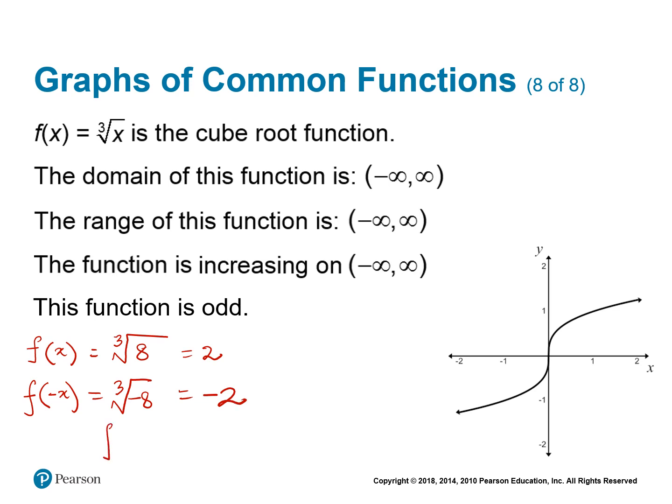So when we replace x by negative x, it gives us negative f of x. That's what makes an odd function. When you replace the x value by its negative version, you will get the negative of the y value that you got from f of x. So what was positive 2 for the y value for f of x becomes negative 2 when we replaced 8 by negative 8. That's what makes it an odd function.